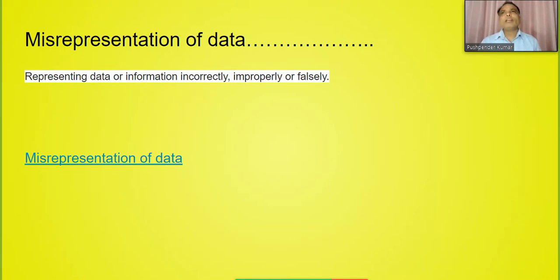If you don't know where to use mean, where to use mode, where to use median, that would be a kind of incorrect information. So it would be a kind of misrepresentation of data. Likewise, when you use a statistical tool or technique and you don't know in what context you are supposed to use it, that would also fall into misrepresentation of data.